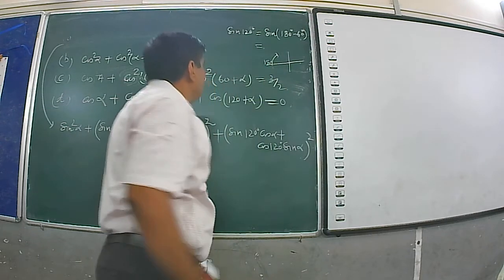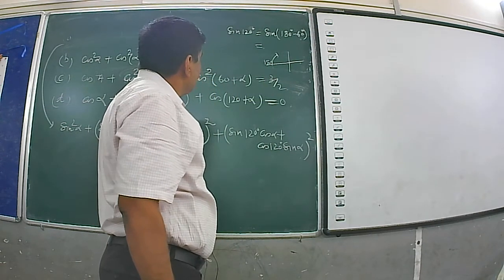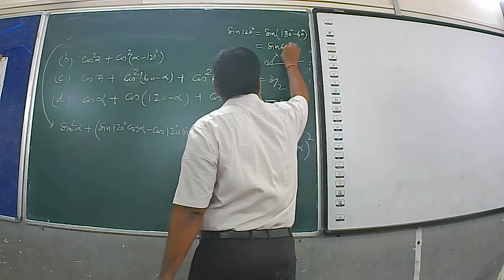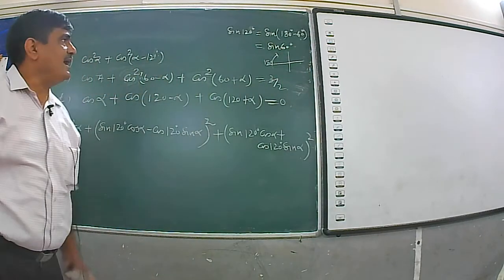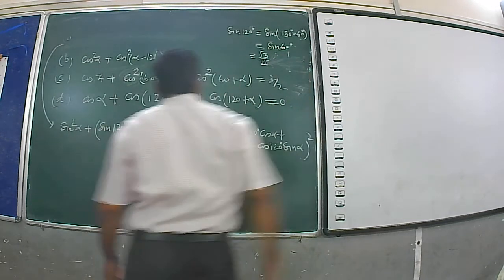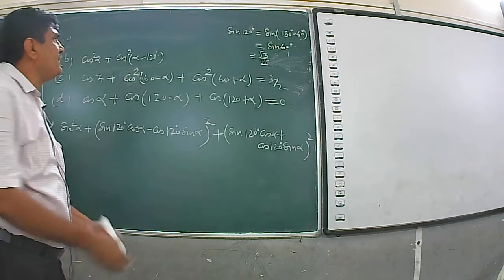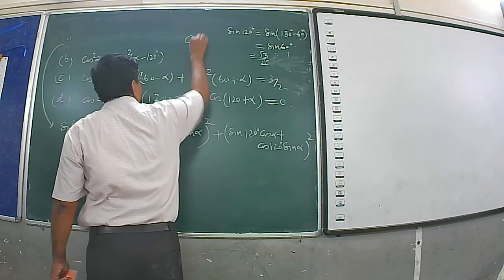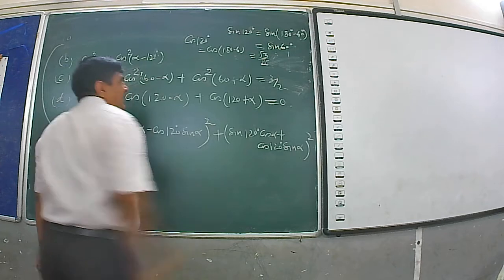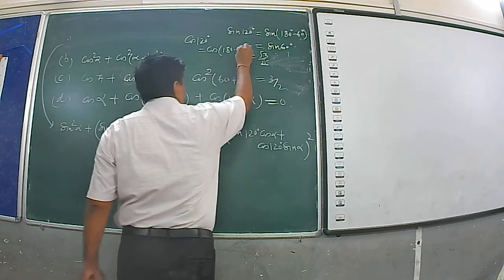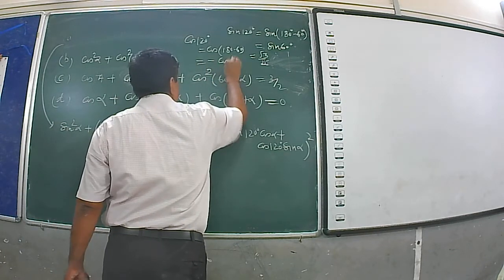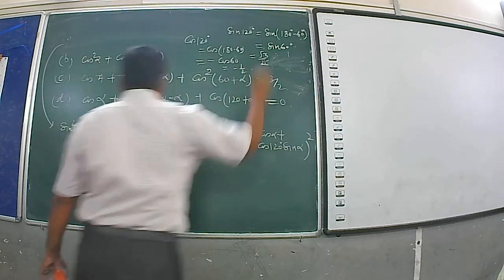Therefore, sine is not changed into its complement, as it is. This is sin 60 degree, and sin 60 is equal to root 3 by 2. And similarly cos 120 is equal to cos 180 minus 60, and in the second quadrant cos is negative. Therefore, this is minus cos 60, minus 1 by 2.